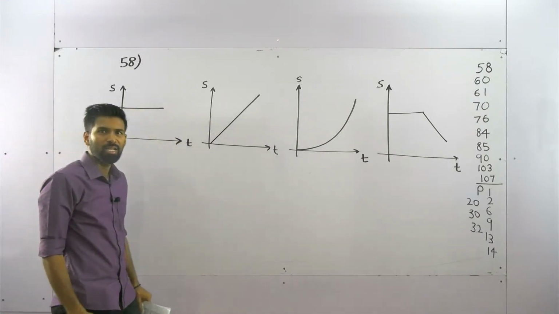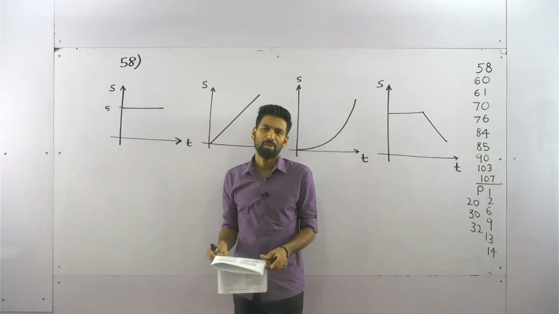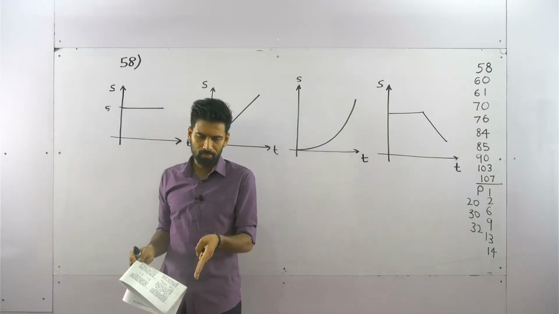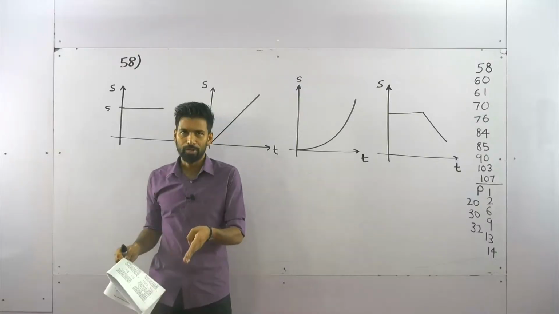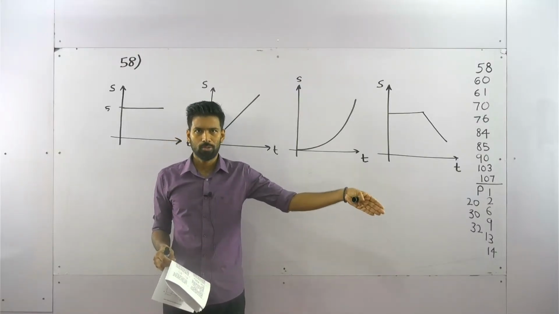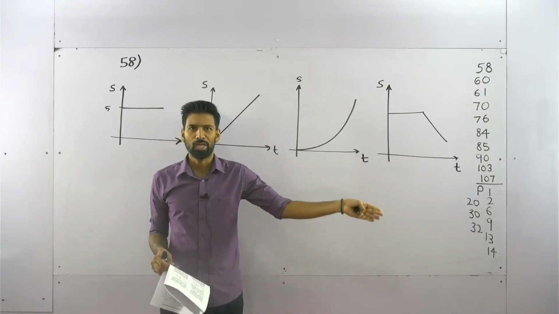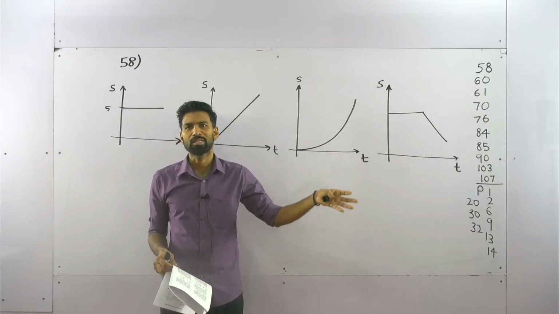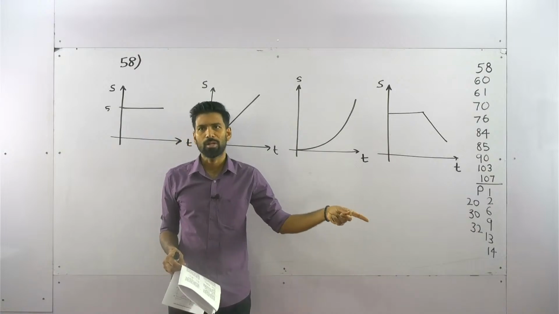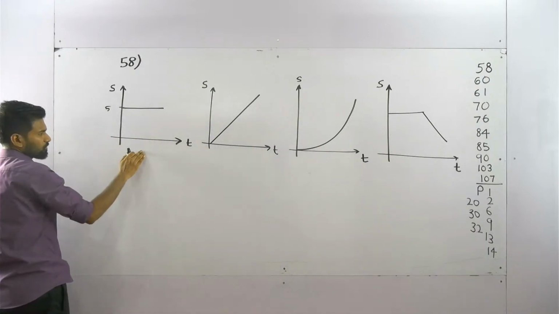The object is at rest at that position. Let's say we started to measure displacement from a certain point, point O. Now the object is 5 meters to the right of O, so its displacement is plus 5. Now it does not change. That means the object is always there without moving. So it's not accelerated motion. This is when the object is at rest.